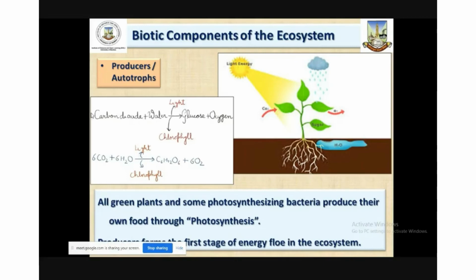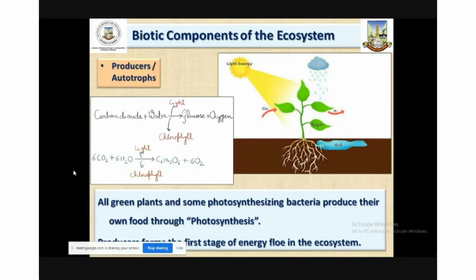Here it requires carbon dioxide, water, chlorophyll, and light, I mean sunlight, which are required for the photosynthesis process. And then the output is glucose, oxygen, and also the water vapor, which is released back to the atmosphere through the leaves of plants.